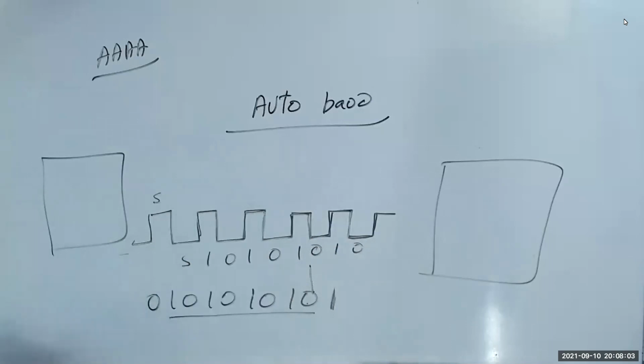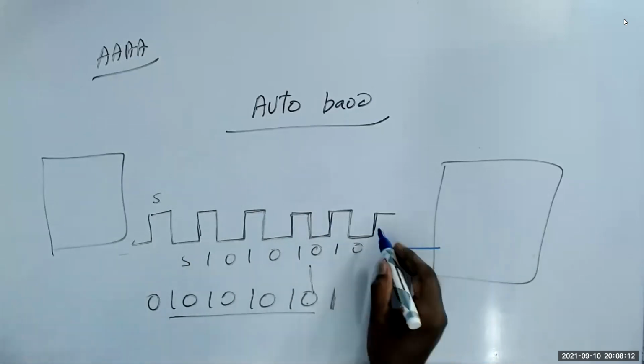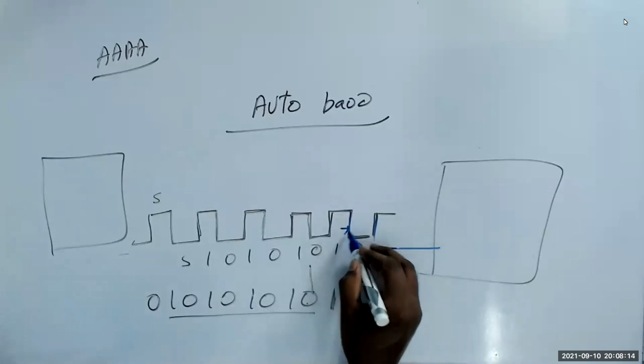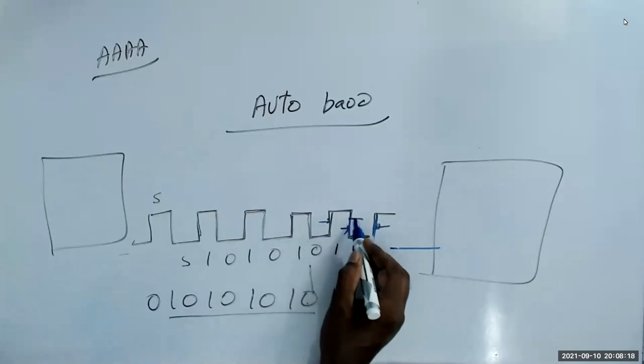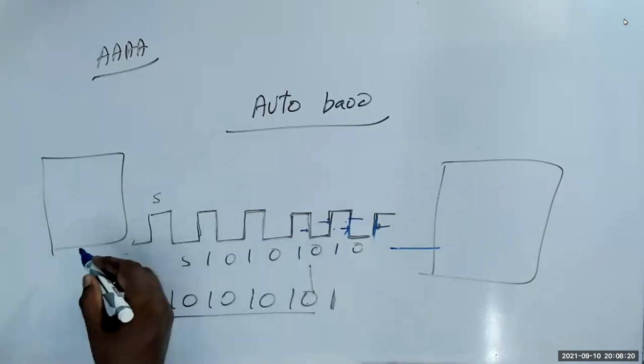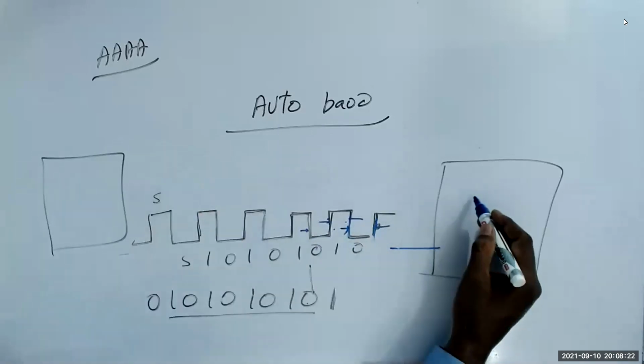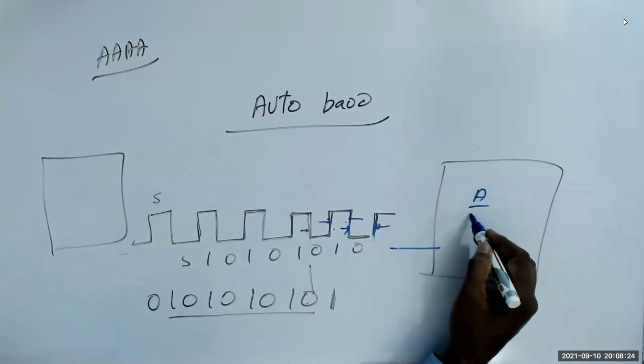Okay. Now the man who receives this data, the clock, he measures the distance between these two. And he will measure the distance between these two, everything for about 10 pulses. Then add all of them and take the average.